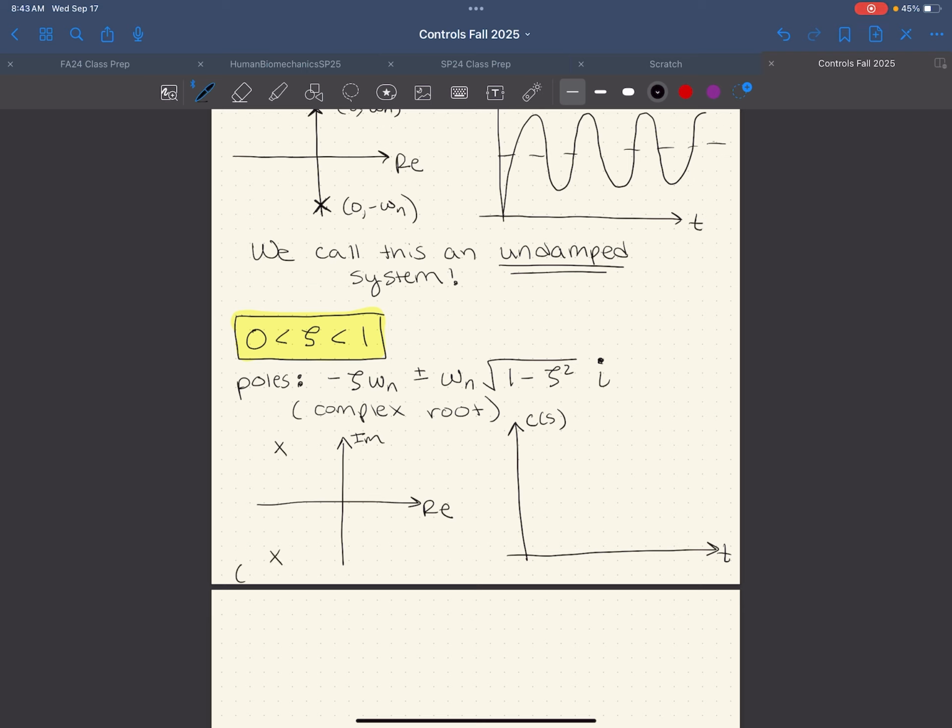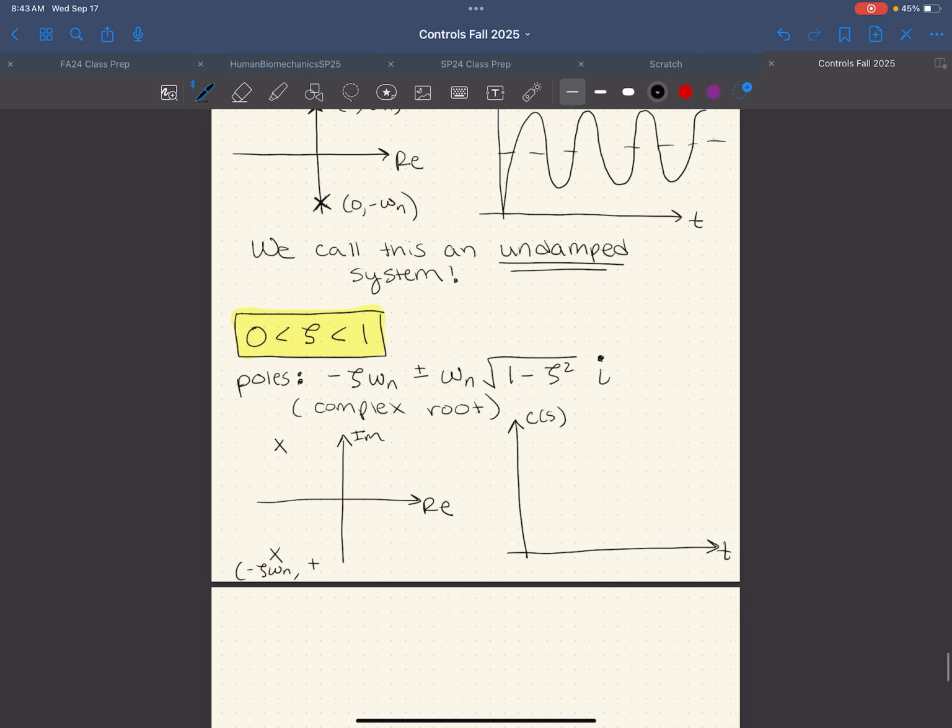And we can write the coordinates as minus zeta omega n in the real direction, and then plus or minus omega n root 1 minus zeta squared in the imaginary direction. So obviously this is the negative part and this is the positive pole.